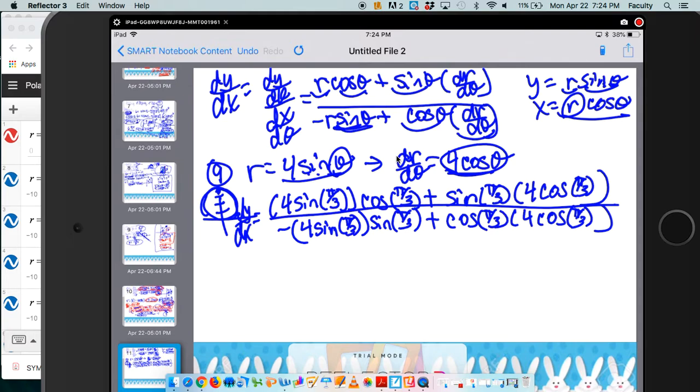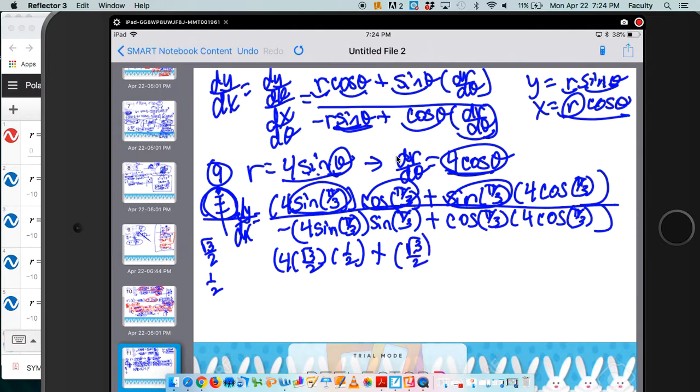Okay. The sine of pi over 3 is root 3 over 2, and the cosine of pi over 3 is 1/2. So to get started, I have 4 times root 3 over 2, sine of 60 degrees, cosine is 1/2, plus sine of pi over 3, square root of 3 over 2, times 4 times 1/2.